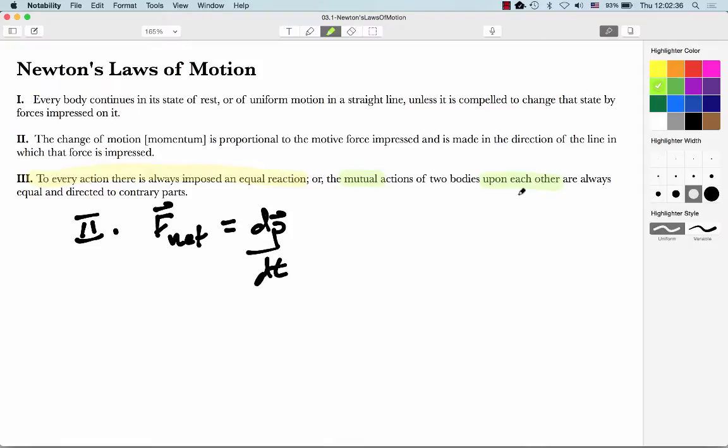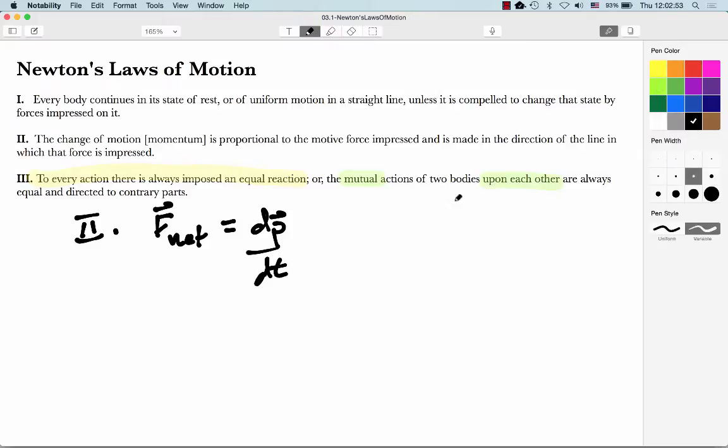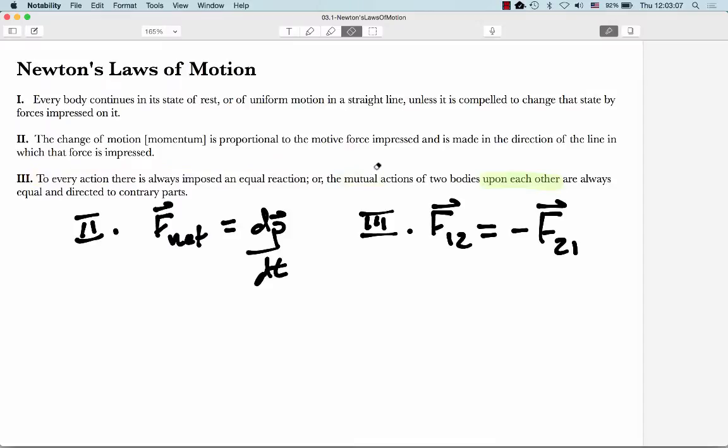They'll always be the same type of force, they'll always be the same magnitude, and this contrary part means they'll always be oppositely directed. So in math symbols we would usually write the third law as something like the force of 1 on 2 is equal to the negative of the force of 2 on 1. Okay.